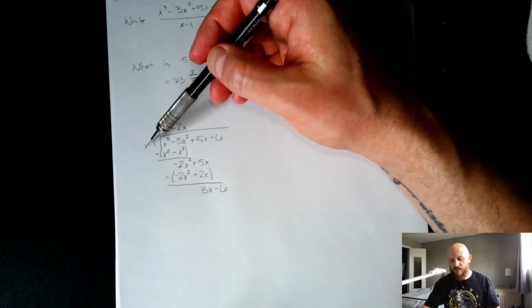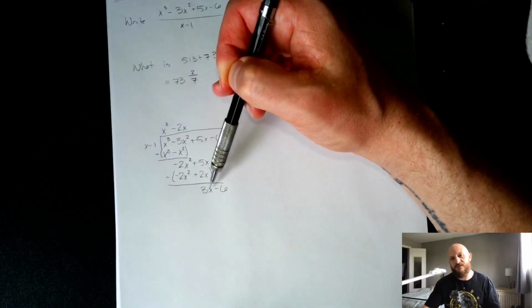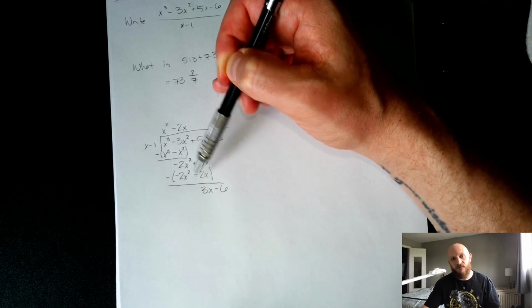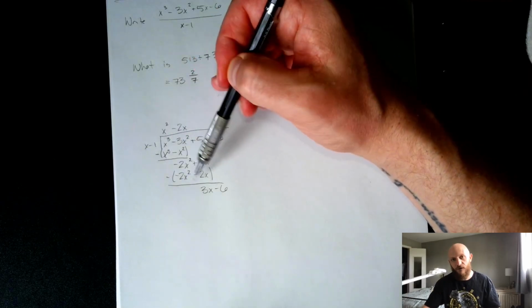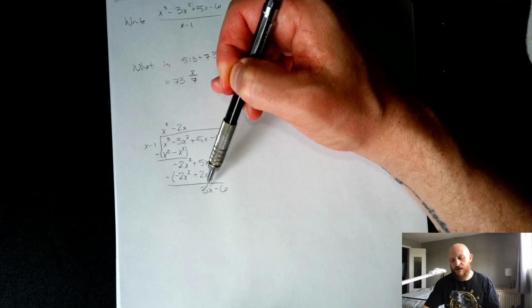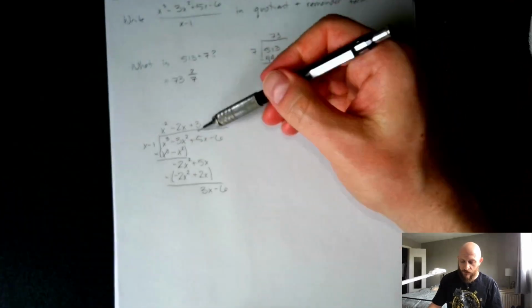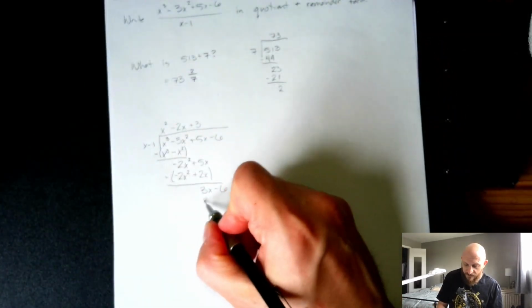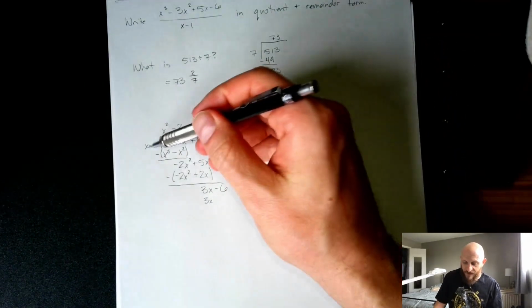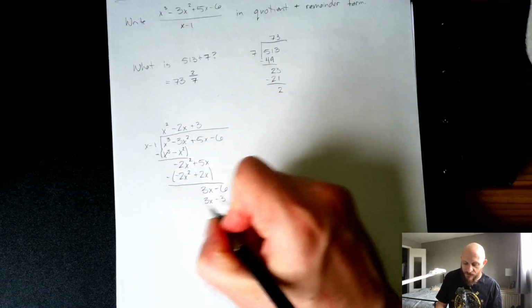How many times does x go into 3x? Or in other words, what do we have to multiply x by for it to become 3x? We multiply it by positive 3. So 3 times x is 3x. 3 times negative 1 is negative 3.